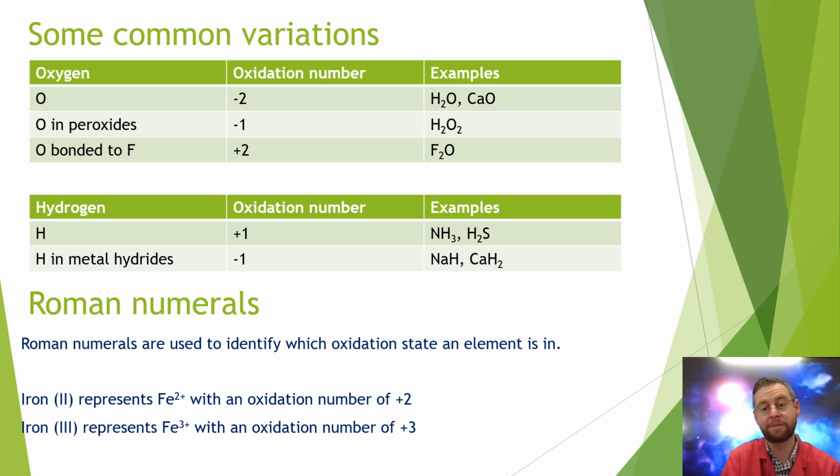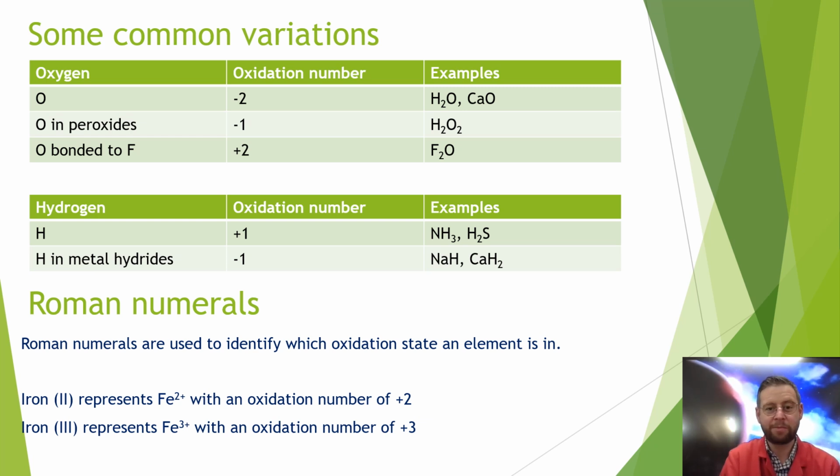The oxidation number would have to be -1 because the sodium, for example, would give 1 electron to fill hydrogen's outer shell, so that hydrogen would indeed be receiving an electron in this case. So its oxidation number would have to be -1, and the same for calcium hydride as well.